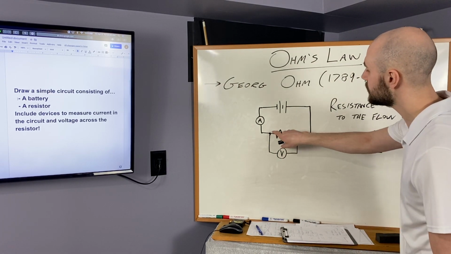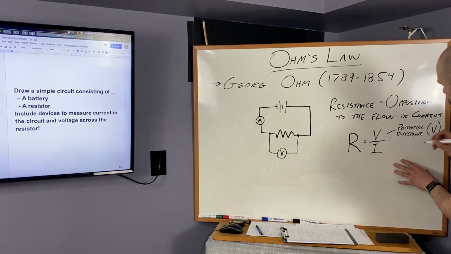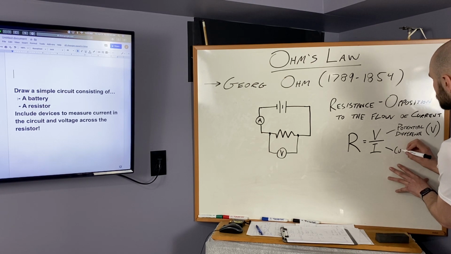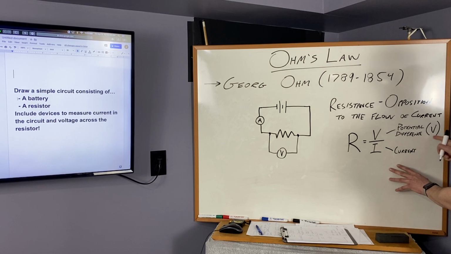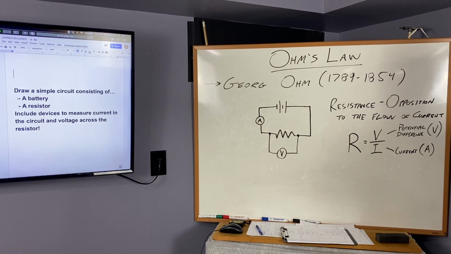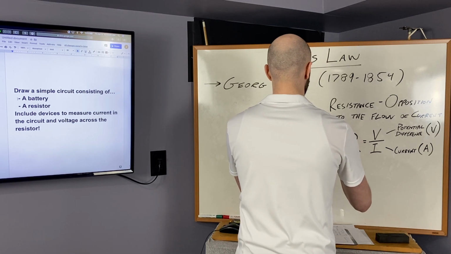How many volts are here? How many volts are there? That's the potential difference. As you recall, I is current. Potential difference is measured in volts. Current is measured in amps. And R is what we call the resistance.